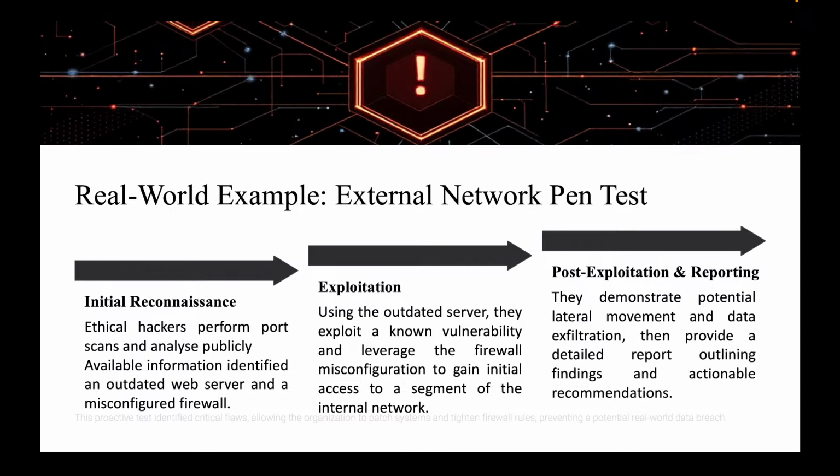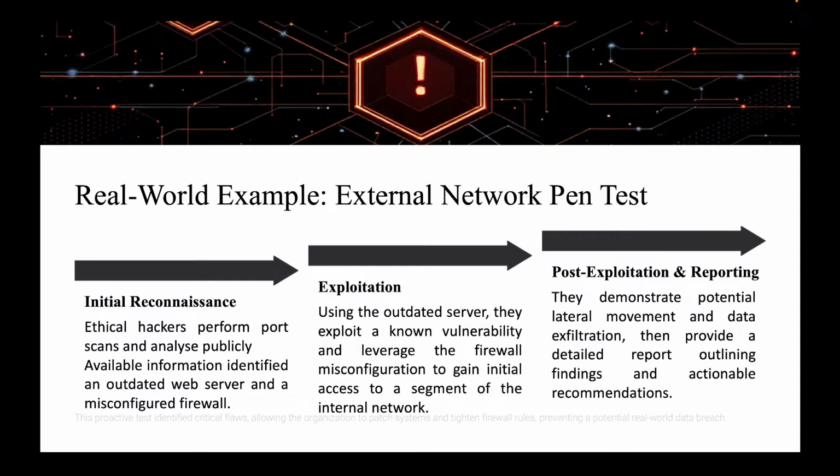External network penetration testing. A real world example is initial reconnaissance, like information gathering. Whenever we are doing a penetration testing, the first stage will be information gathering. When we are given a website, we gather all the information regarding it, and information gathering will be of two types: active and passive.